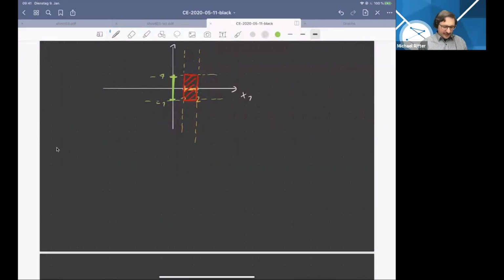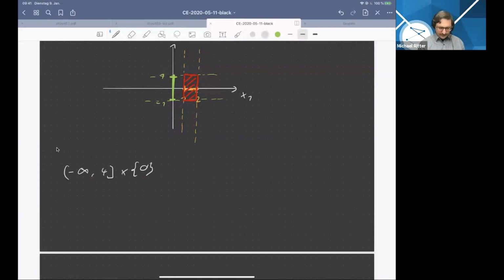Okay, and to get back to the example that I used above, there we had the product of -infinity to 4, this interval here, with 0. And that simply means the first coordinate varies in that interval here, whereas the second coordinate is always 0.